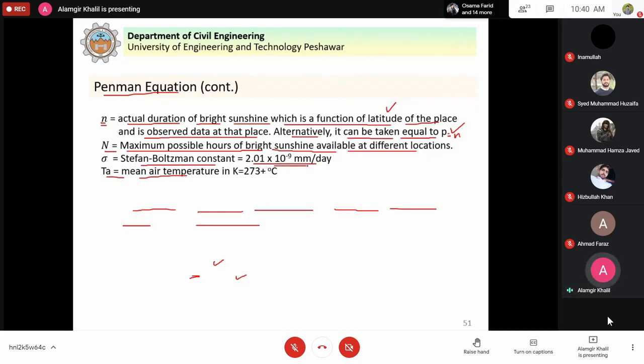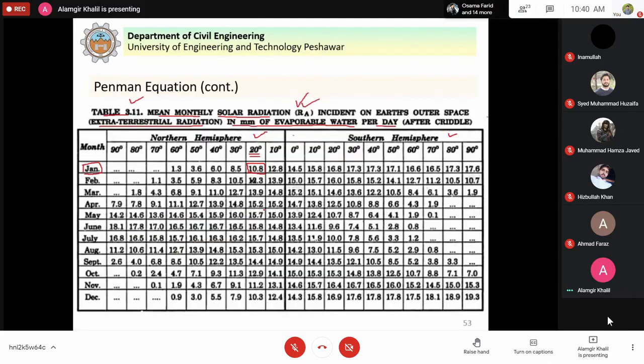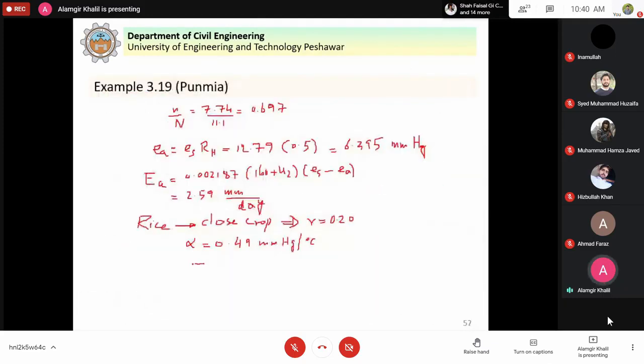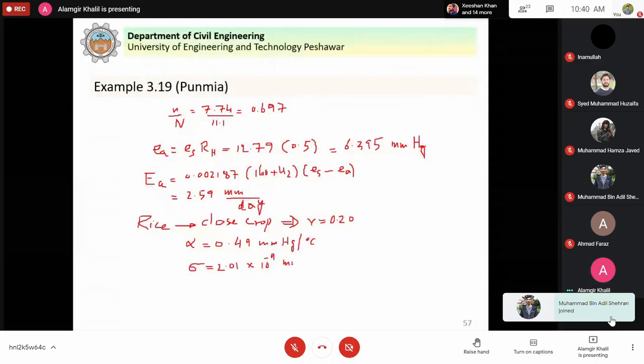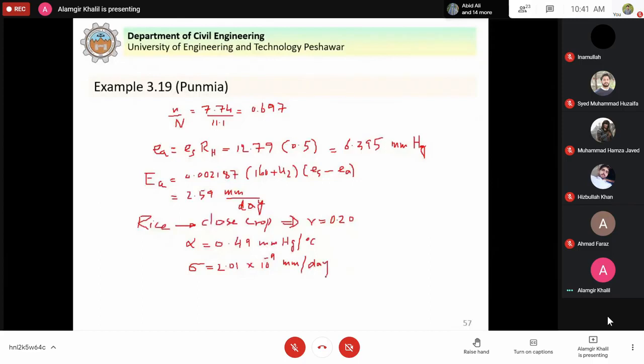This value is already known to us. So this sigma is equal to 2.01 into 10 power minus 9 millimeter per day.